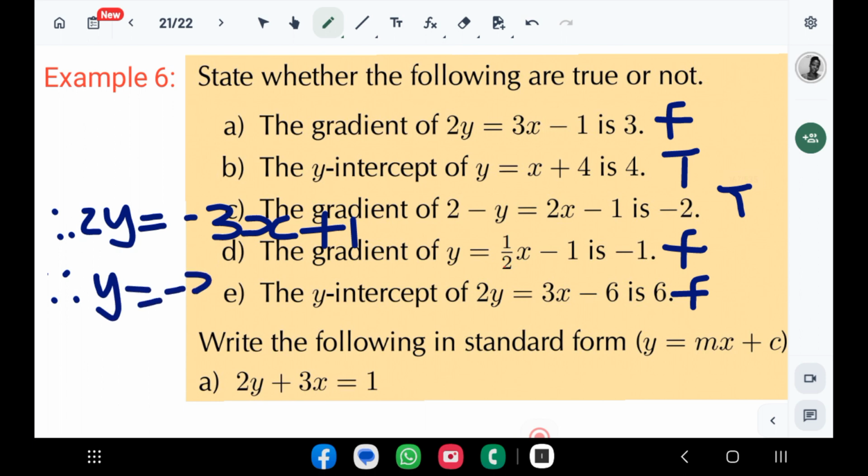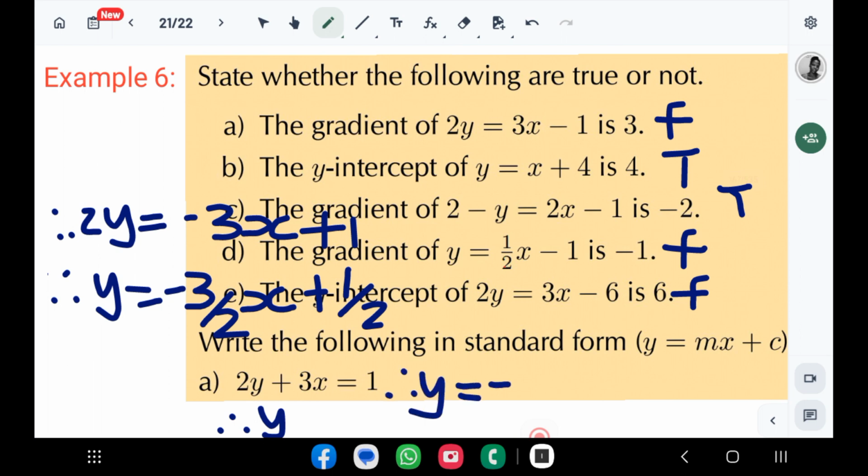That leaves minus 3 over 2 x plus 1 over 2. Therefore y equals minus 3 over 2 x plus 1 over 2. That's the standard format of the graph.